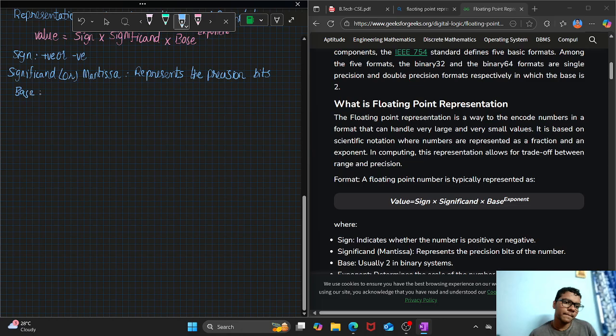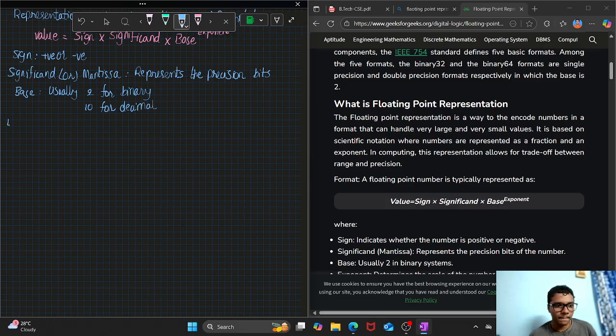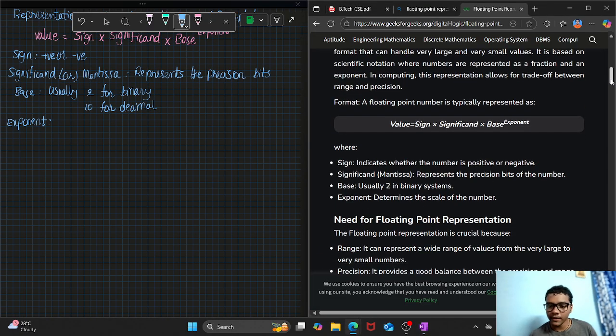Base: usually 2 for binary, and in the case of decimal it will be 10. And exponent: basically this exponent determines the value.